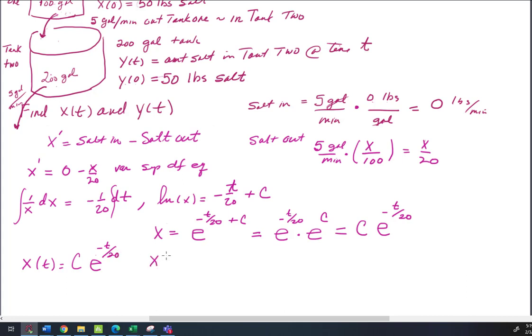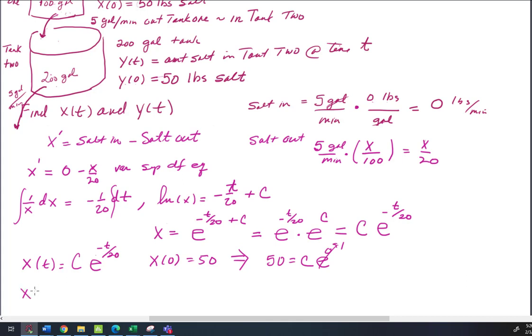But we have an initial condition, x of 0 is equal to 50. So from the initial condition, I find that x of 0 is 50, so 50 is equal to c times e to the negative 0 over 20. That's e to the 0, which is 1, and I see that c is equal to 50.